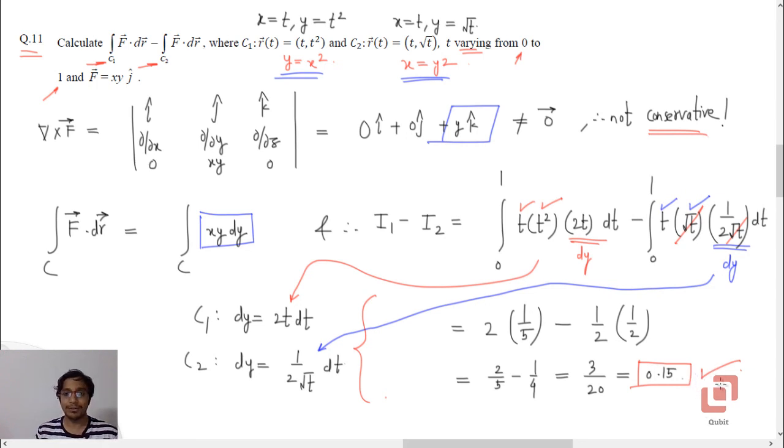That may cost you 0 marks, or rather, that will not fetch you 2 marks. Because this is a numerical answer type question, there is no negative marking, but let's play safe. So question 11, answer 0.15, a pretty simple question, but you have to do the calculations carefully.